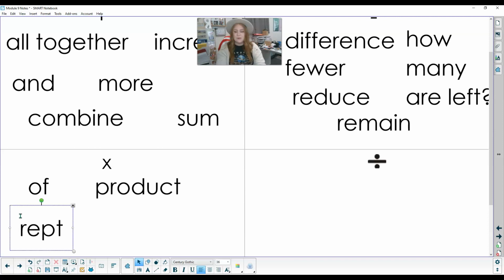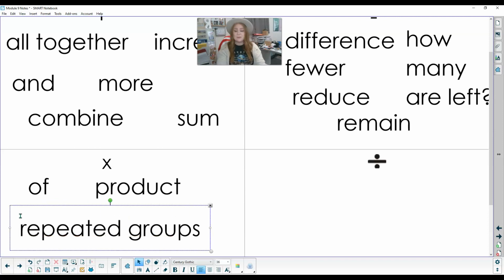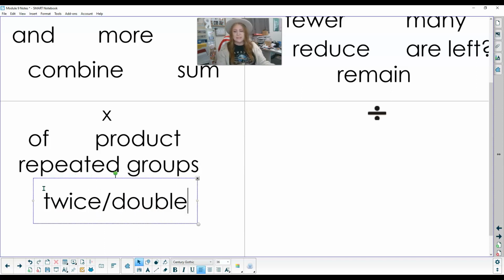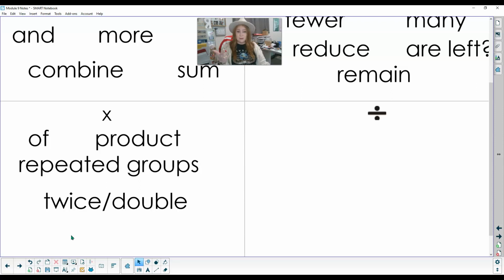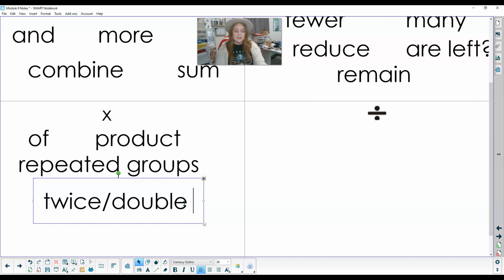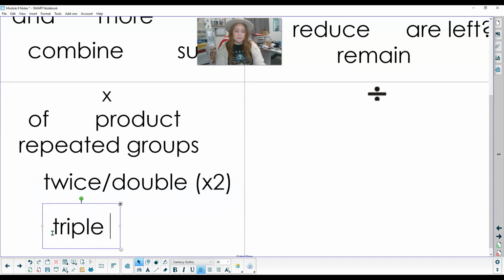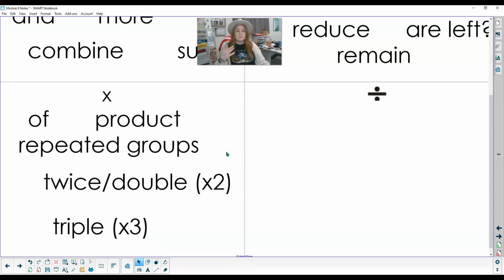When you are doing repeated groups, those mean to multiply. You're doing the same thing over and over again. There are also words like twice or double. I'm going to double that, times it by 2. It's twice as much, which means 2 times. There are also words like triple, which means times 3. So think about what those words mean.